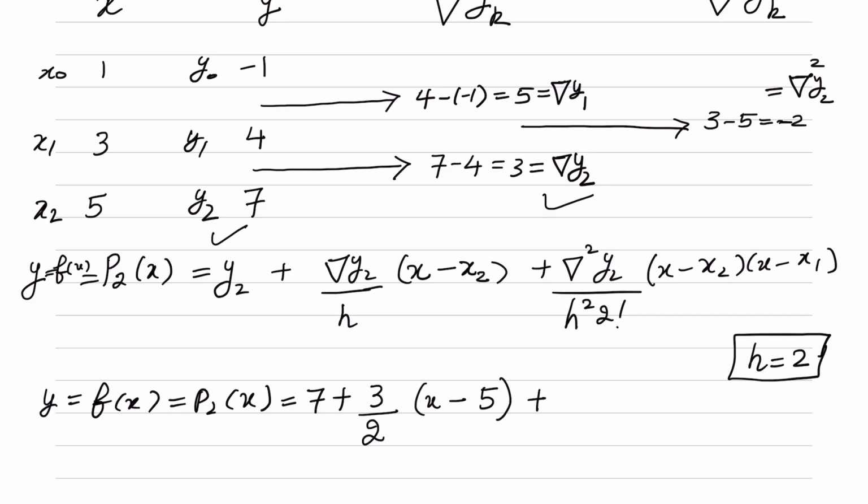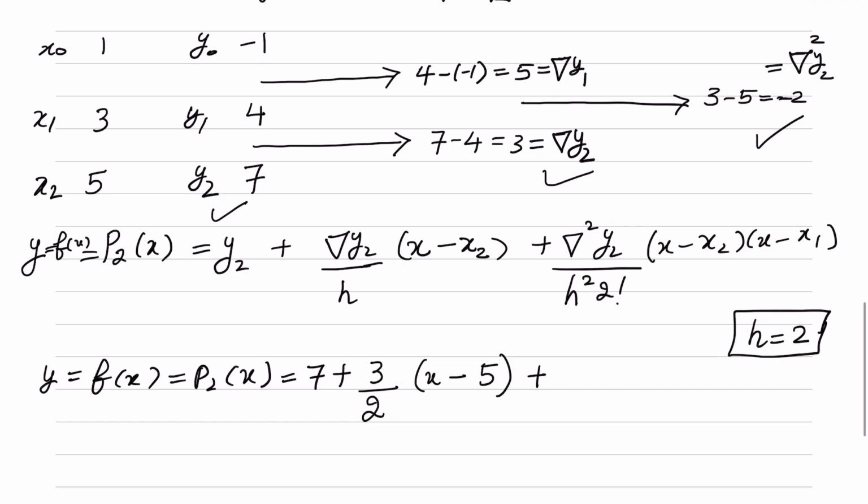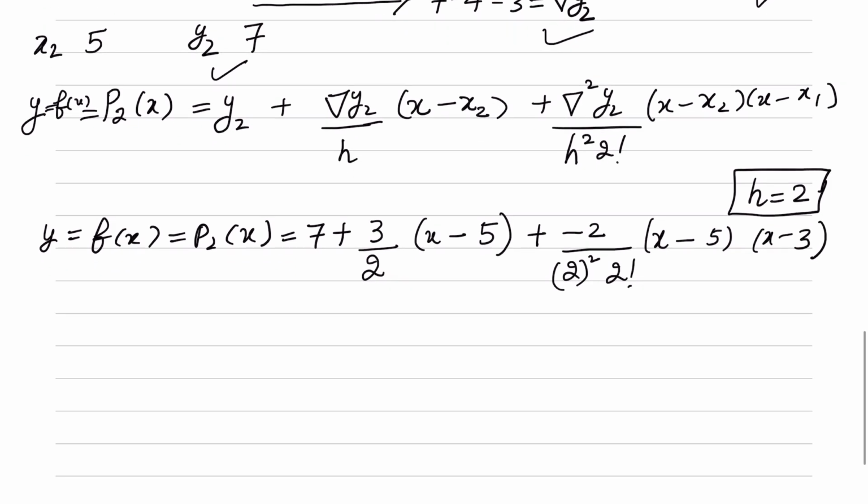Backward square y2 is in the backward square yk column and it is minus 2, over h square, 2 factorial, into x minus x2, which is x minus 5, into x minus x1, which is x minus 3.